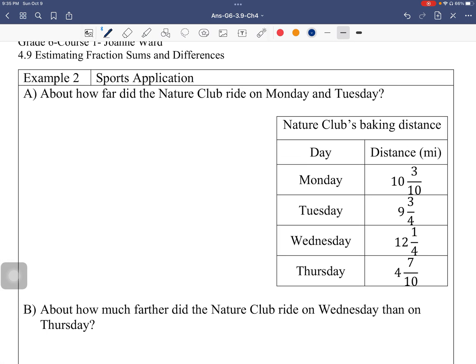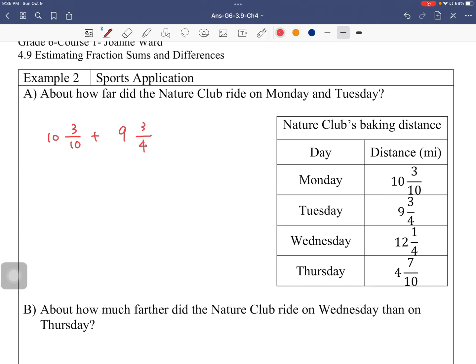Now I have a sports application. About how far did the nature club ride on Monday and Tuesday? Monday, I want to do 10 and 3 over 10 plus Tuesday, 9 and 3 over 4.